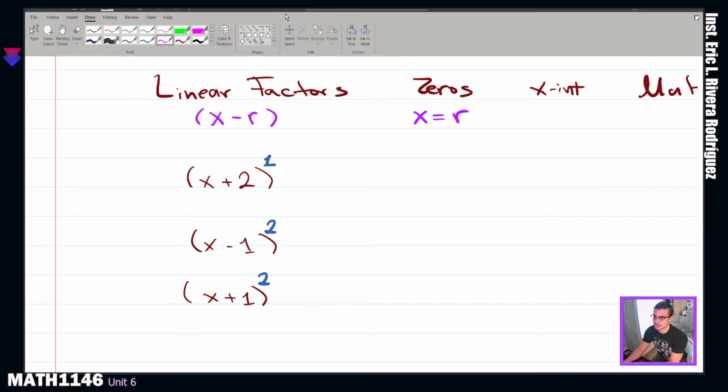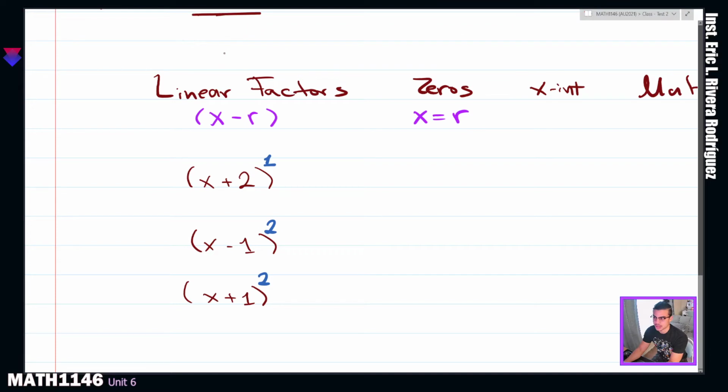So that's why we got the zeros. So you are going to focus on the constant term. The constant term is positive 2, well, the zero is its opposite value, it's negative 2. The constant term is negative 1, so we have a zero of positive 1, and then vice versa.